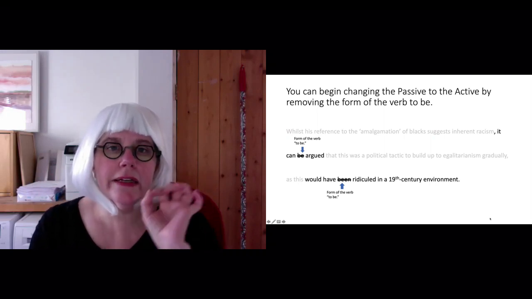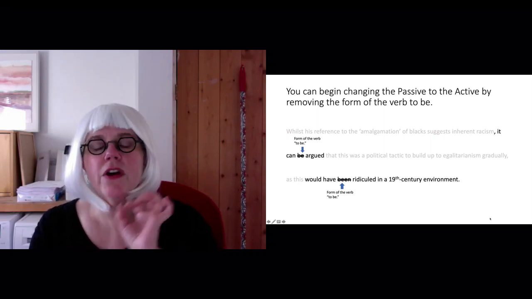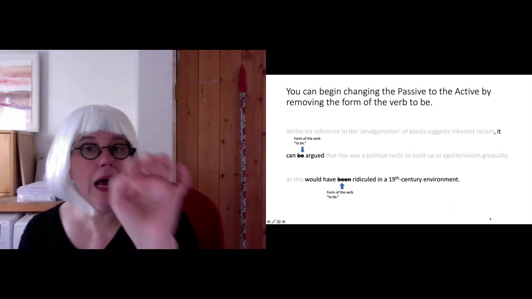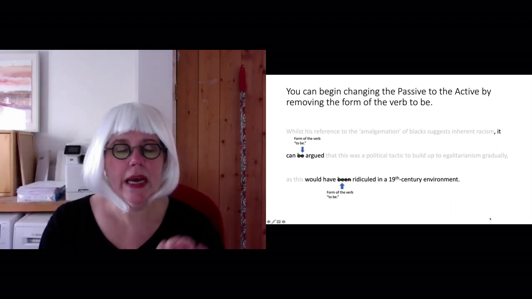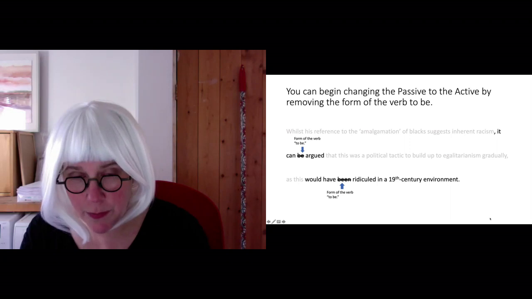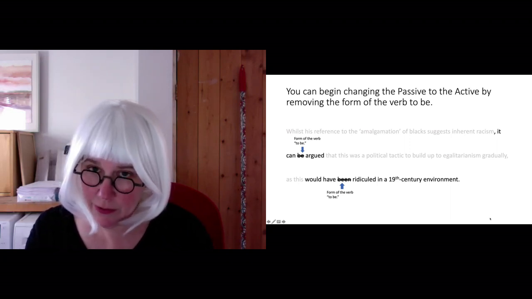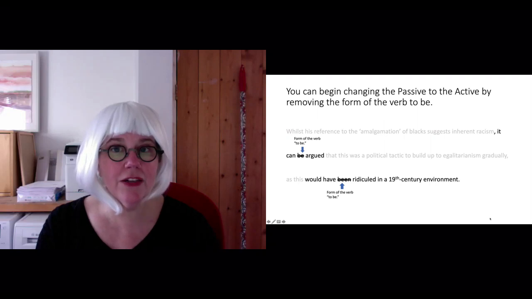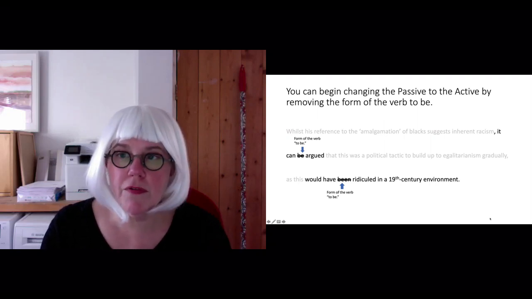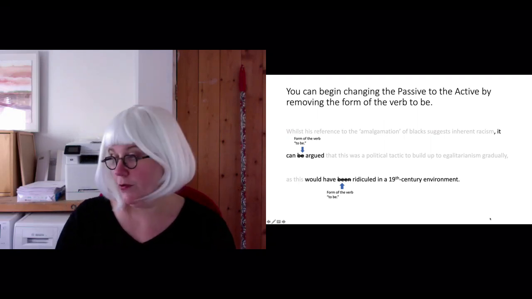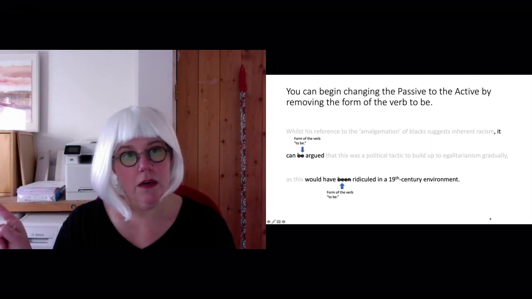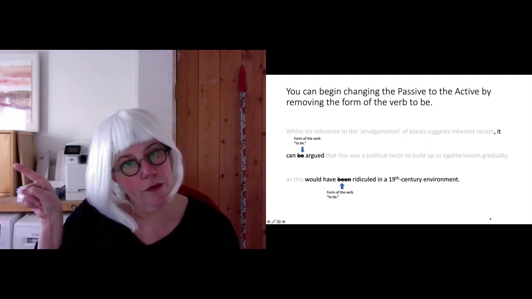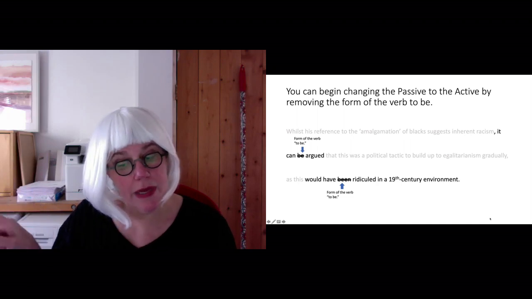No. In a construction that contains a form of the verb to be plus a past participle helping the form of the verb to be, and preferably one which you've checked by adding by zombies after it, you can begin to change the passive to the active by removing the form of the verb to be. And as you can see, we've done that. I hope I'm pointing in the right direction. We've done that here. We have removed be and we have removed been.